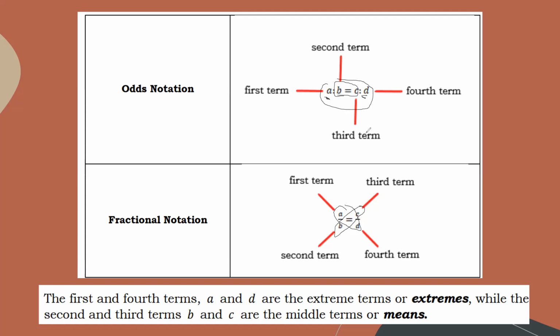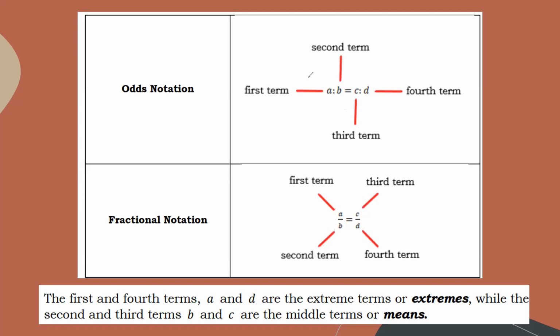Kapag po naman means, ito yung mga nasa loob pag colon notation, which are our B and C. At kapag naman fractional, ang means natin ay yung denominator of the first fraction at numerator naman ng second fraction. Okay po. Napaka-importante malaman natin yung extremes at means na yan.